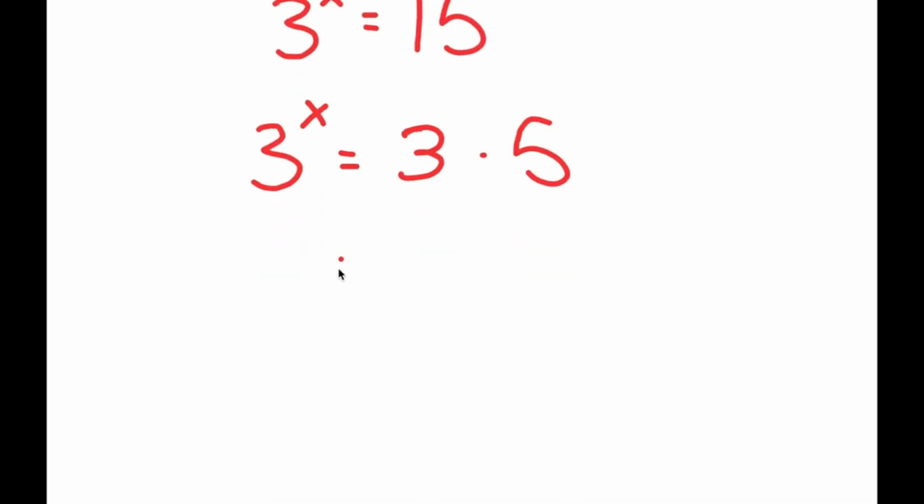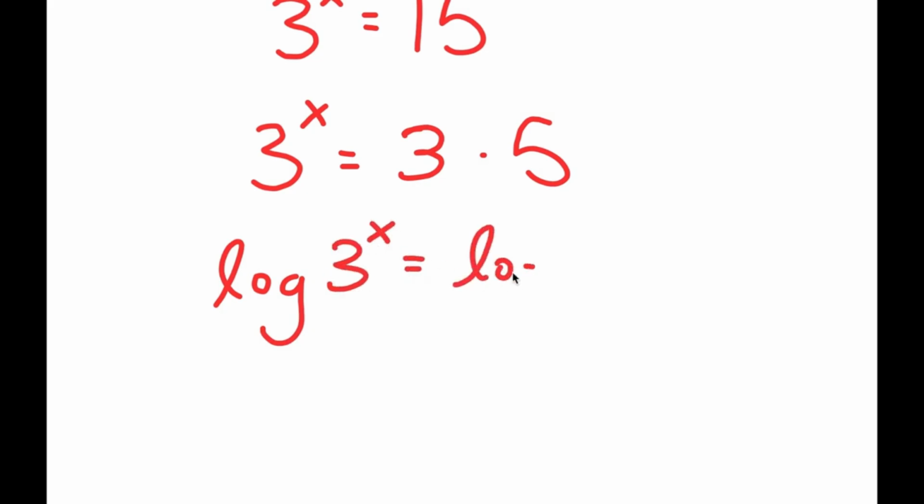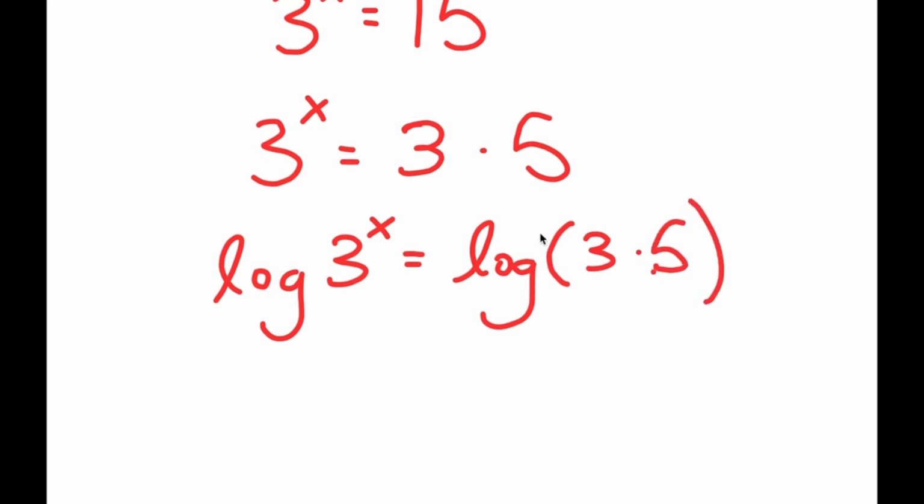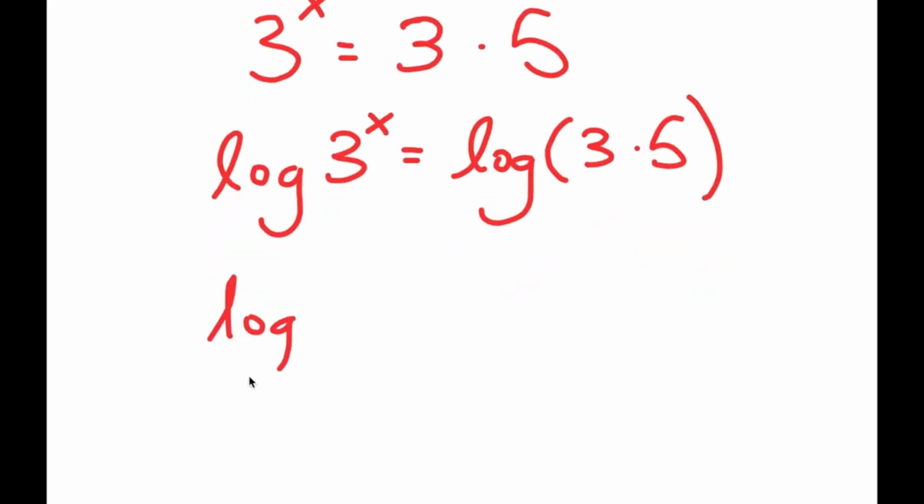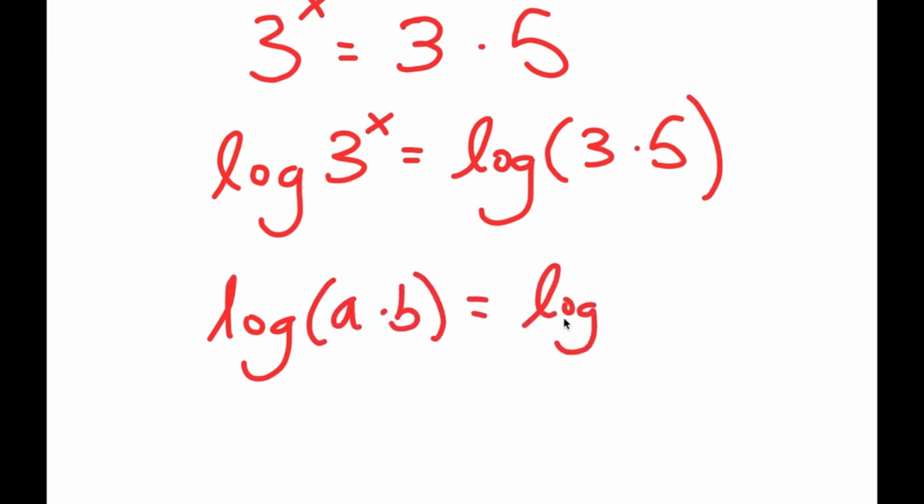And now I'm going to take the log on both sides. So I get log of 3 to the power of x is equal to log of 3 times 5. And if I have something in the form log of a times b, this is equal to log a plus log b.